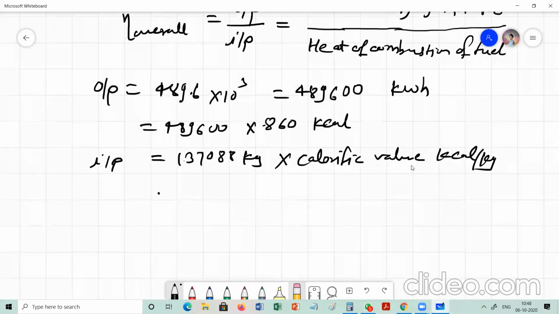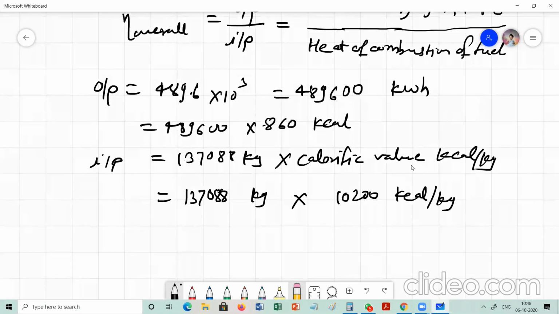So it is equal to 137,088 kilogram into the calorific value they have given, 10,200 kilocalorie per kilogram. Kilogram will get cancelled and we will have input energy.